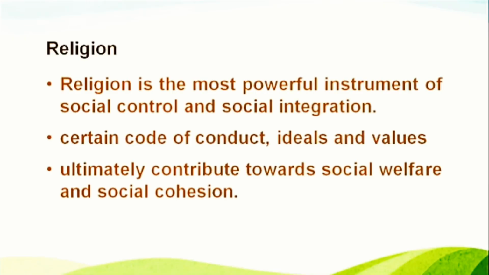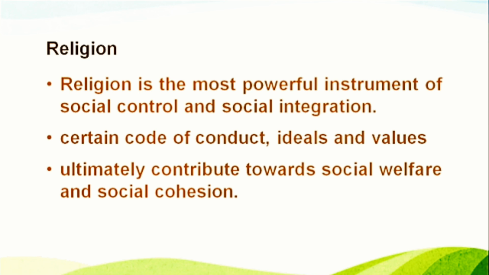Now, let us discuss the next very important social institution, that is religion. Religion is the most powerful instrument of social control and social integration. How does religion work for social control? Every religion has a certain code of conduct, ideals and values.